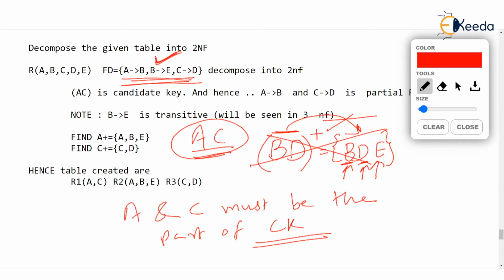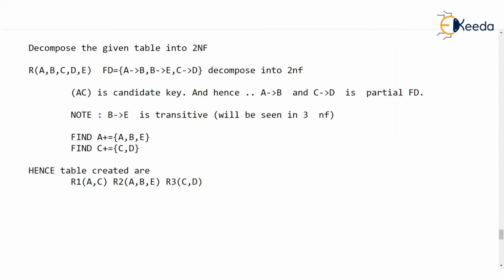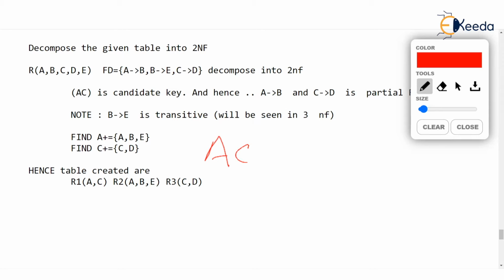But then really, AC is the candidate key. Is there any more candidate key? Now if AC is the candidate key and AC has to be there in the candidate key, then asking whether ACD is the candidate key is rubbish, because this already contains AC and AC alone can determine all the attributes A, B, C, D, E. Are you understanding?